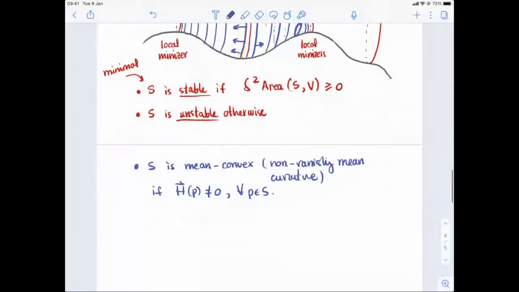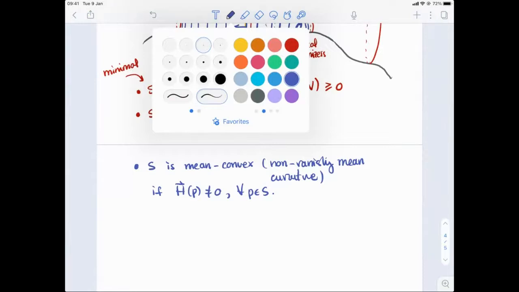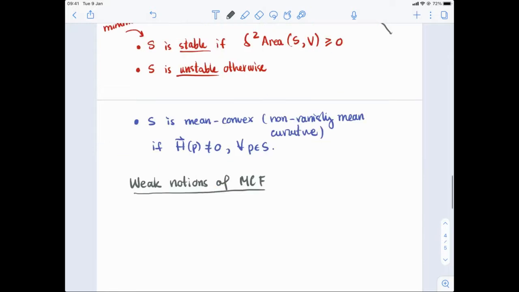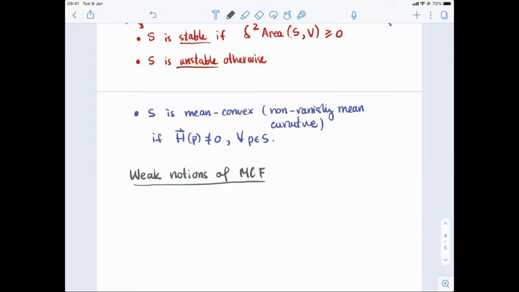Okay, so because of the needs of dealing with singularities of the flow, we have these weak notions of mean curvature flow. And there are several of them. This actually took me a while to understand the difference between them, but I'm going to be talking mainly about two of them.